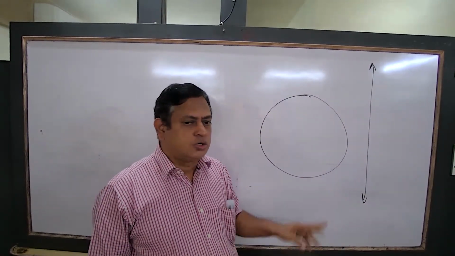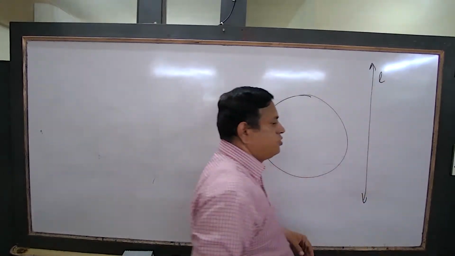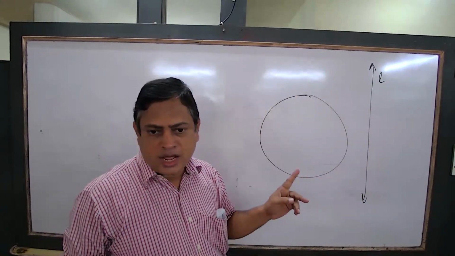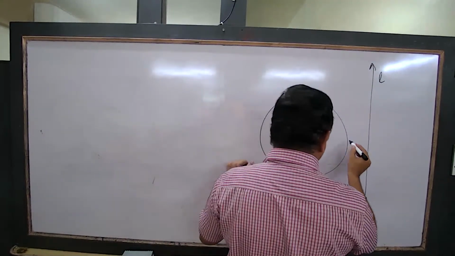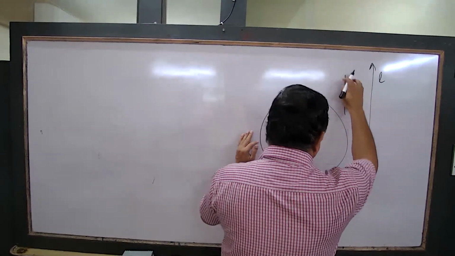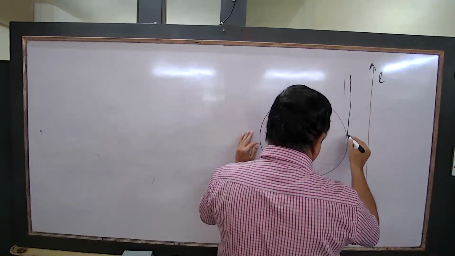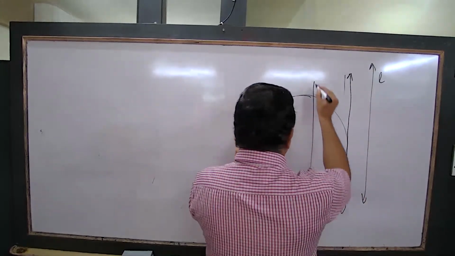You need to draw two lines parallel to this line L, out of which one is a tangent and the other is a secant. Tangent means either this side or this side you can draw. Let's say I draw over here. This is the tangent and the other one is the secant.